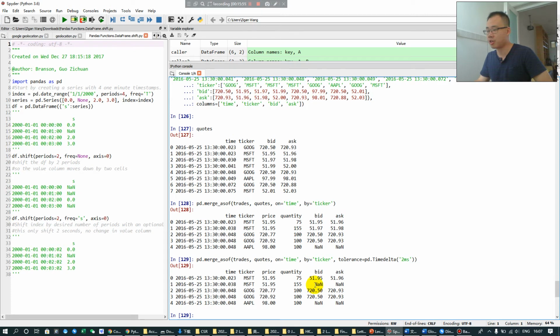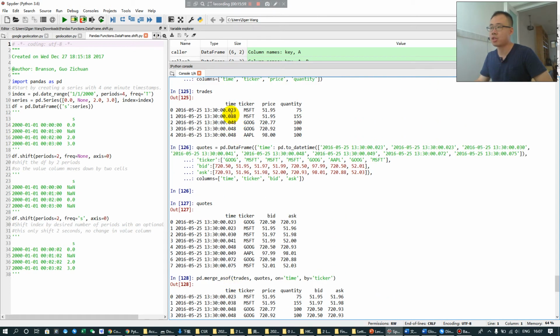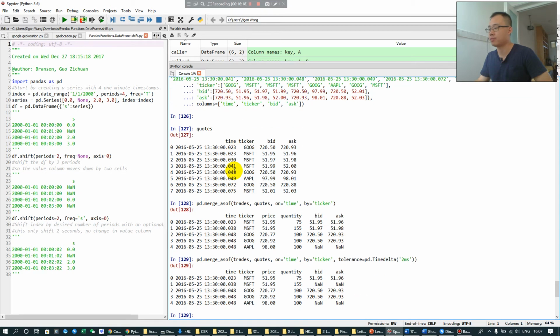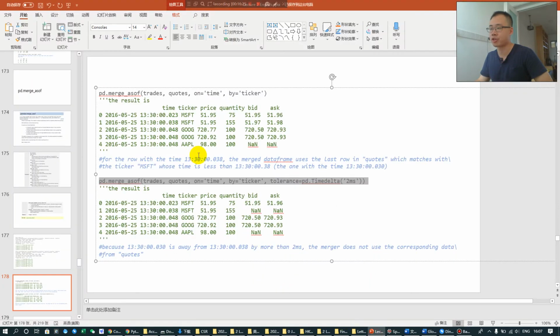They're almost the same except for this one, 038. The nearest quotes time before the transaction time is 030, which is 8 milliseconds before the 038. So it's not recorded here. It's not merged here.